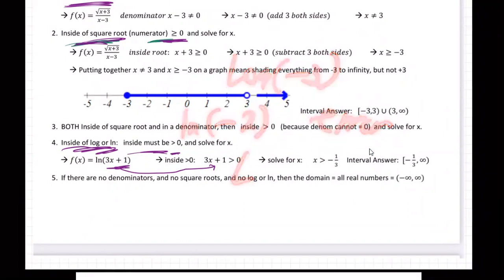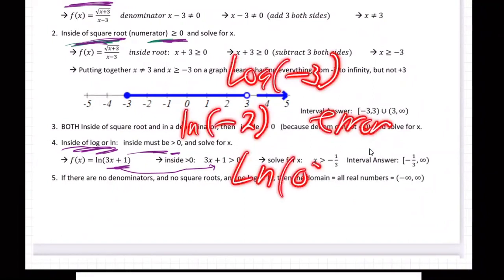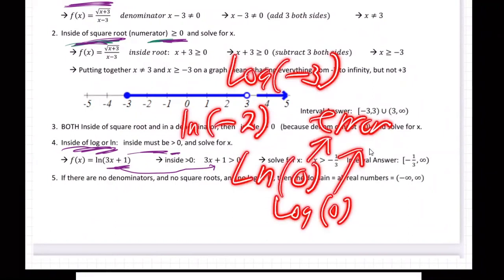You can't, and also if you put in 0, ln of 0 or regular log of 0, all these will give you error because you can't put 0 or negative inside of regular log or natural log ln. They're all not going to work for 0 or negative.